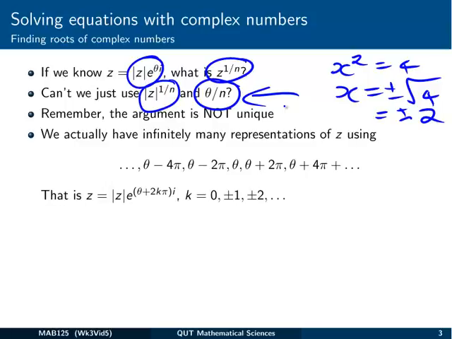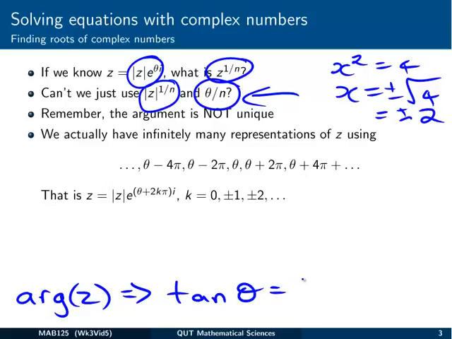And it all goes back to when we first started defining what a polar or exponential form was. Remember we said that the argument of z is given by the equation tan theta is equal to y on x.